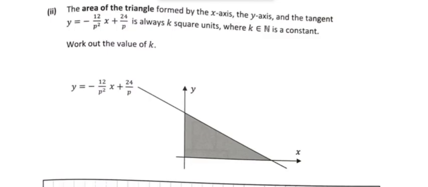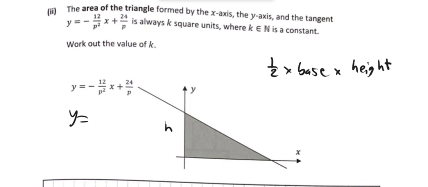Right, so for the last part here, we want to do half times base times height. The height anyway, because it's a bit easier to find, I think. The height will be where it crosses the y-axis, therefore x has to be 0. So I'm going to sub 0 into that equation.